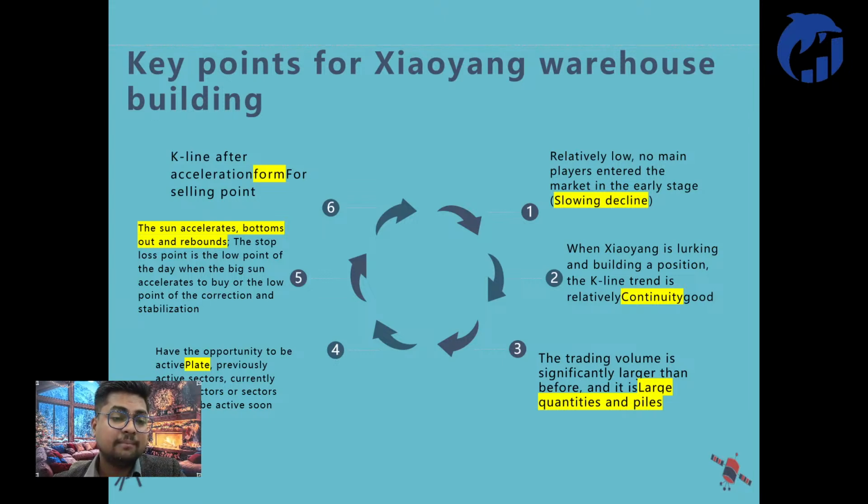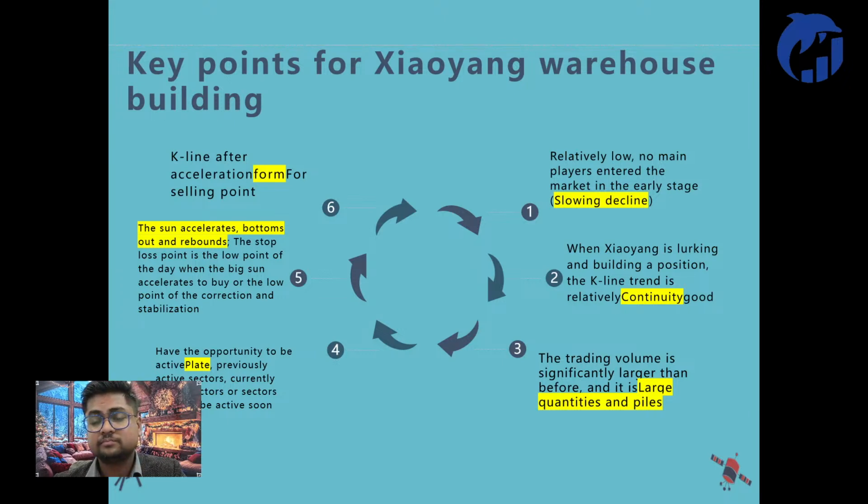If you look at the last point, the K-line after acceleration forms a selling point. So just have a clear understanding: the K-line after acceleration forms a selling point. Just have a look. After the price has increased, it indicates the selling point at this level.